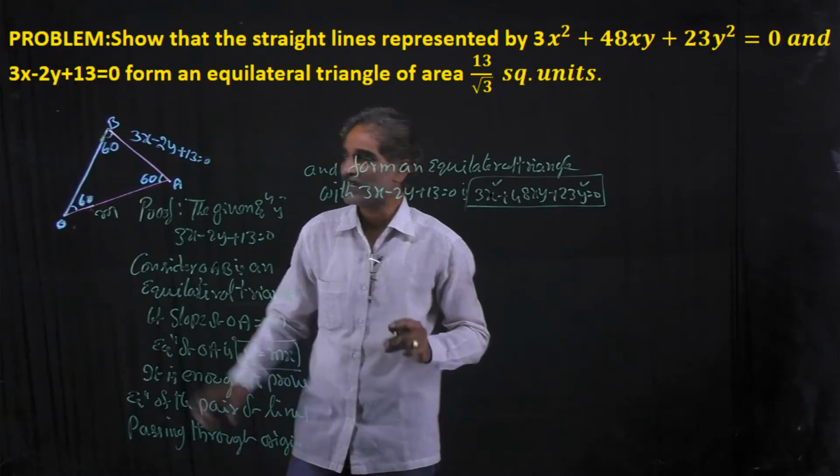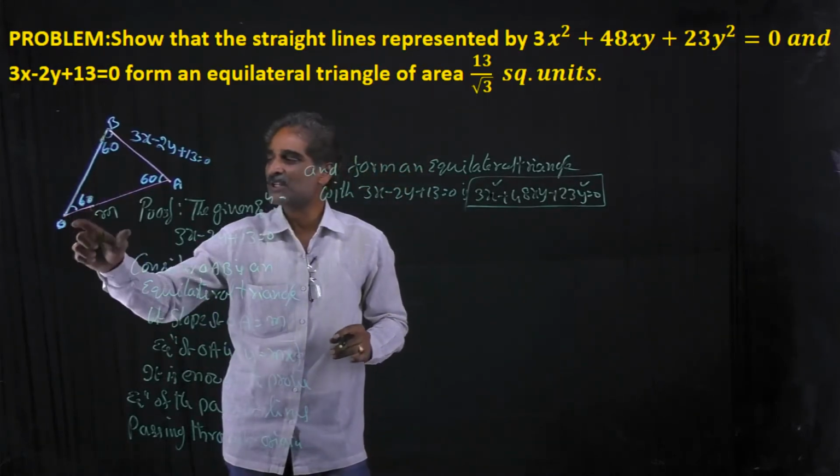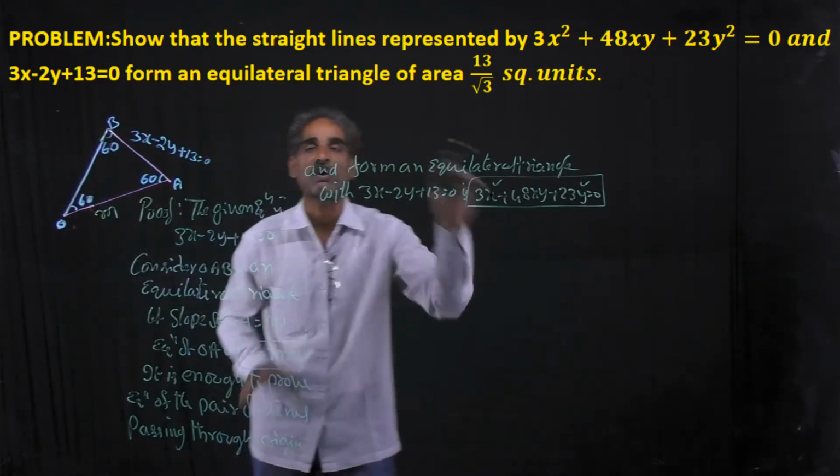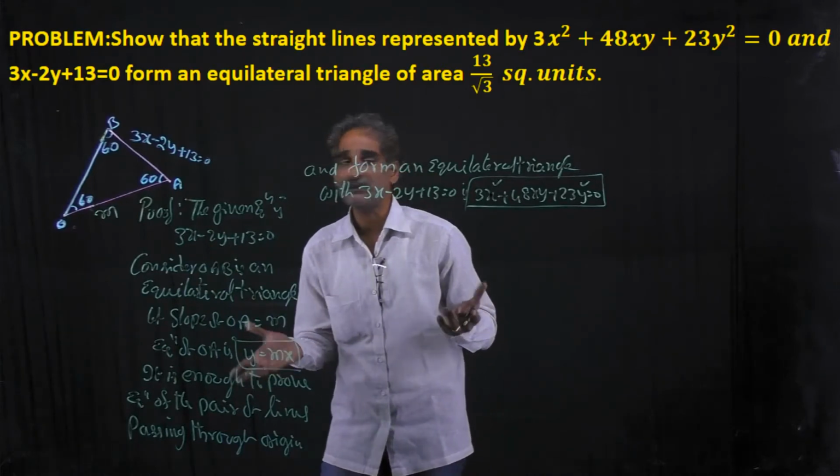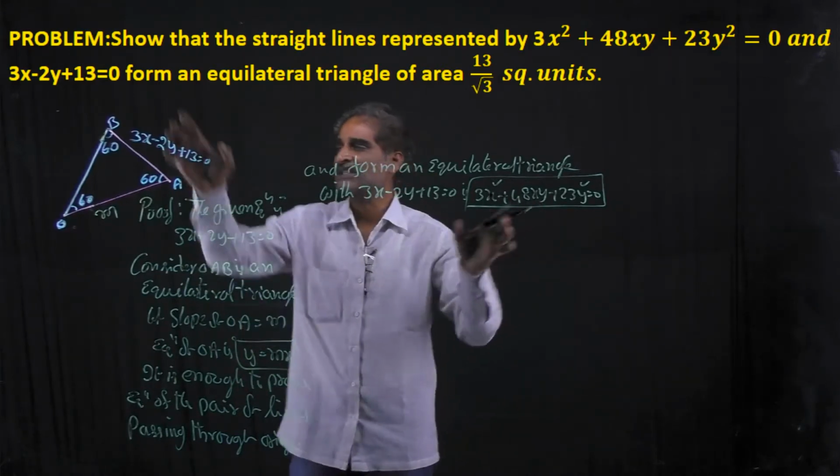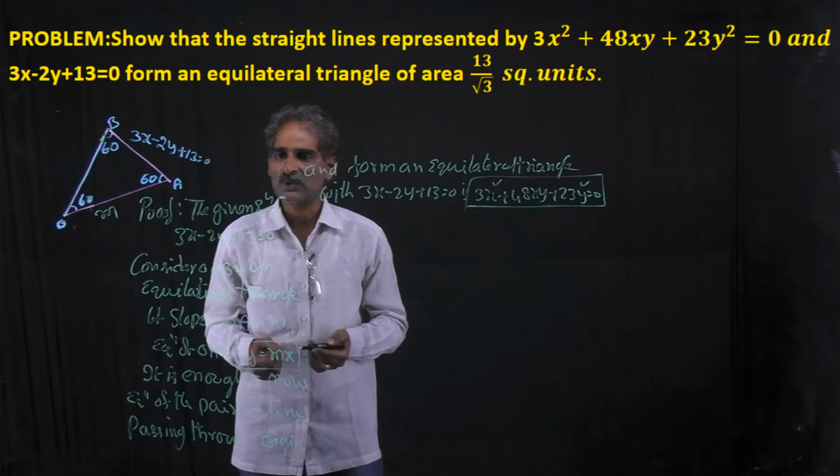We have to prove that the combined equation of the pair of lines passing through the origin is this one. That means the triangle formed by this and this is an equilateral.